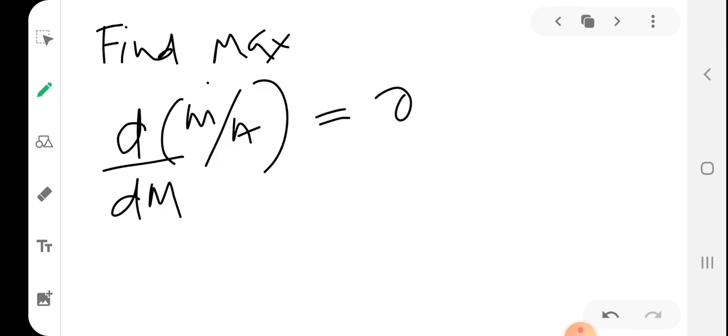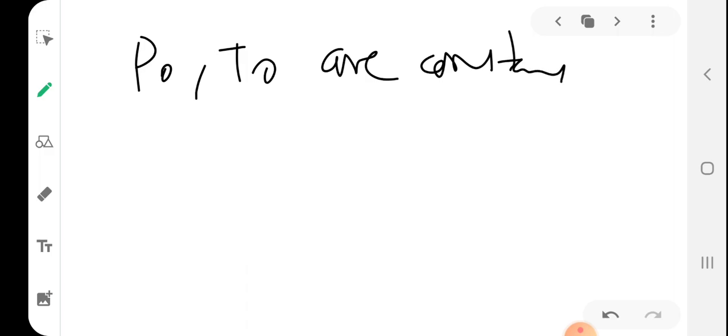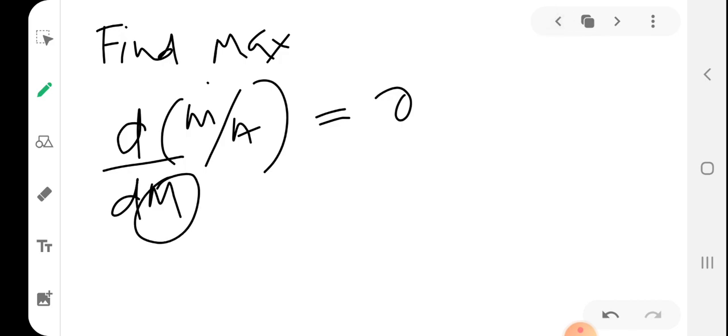So you can find the maximum value. Since P0 and T0 are constant, they are stagnation or reservoir conditions, they won't change. Only Mach number changes. That is why we are differentiating with respect to Mach number.